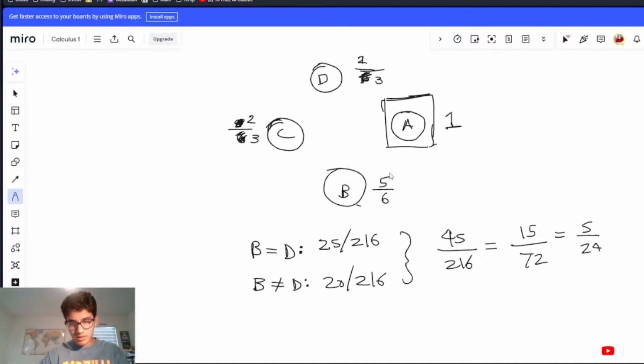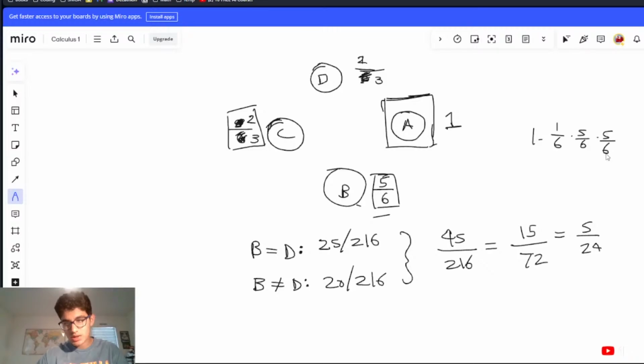Okay, but we did this can be anything. If this is the same thing, then there's a 5/6 chance for this, 5/6, and so basically we have 1 times 1/6 times 5/6 times 5/6. Then we have 1 times 2/3 times 5/6 times.